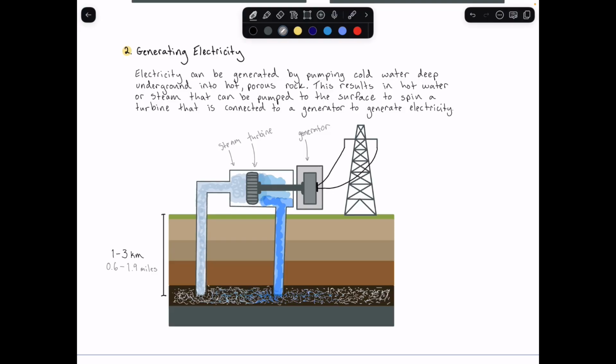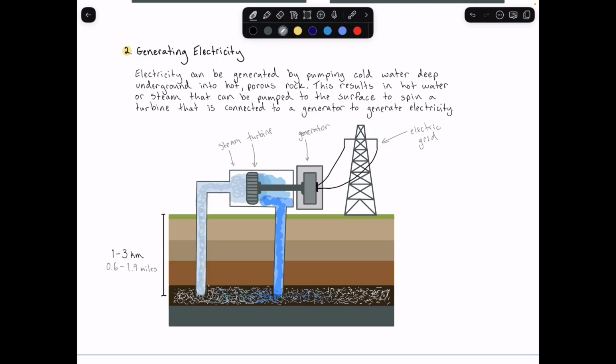And that generator takes that rotational kinetic energy and turns it into electrical energy. And then through these power lines here, it transfers that energy to the electric grid, to then be distributed to consumers like us. So that's how it works on a high level.